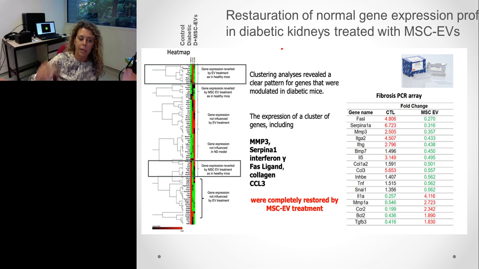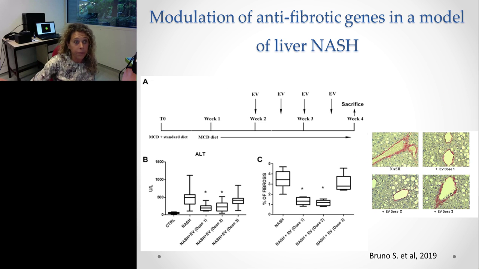One possible approach was to divide the vesicles into small and large by sequential ultracentrifugation. So we can see here 10K EVs, which are the first going down, the large EVs, and 100K EVs, which are the ones that remain in the pellet after 100 kg centrifugation.